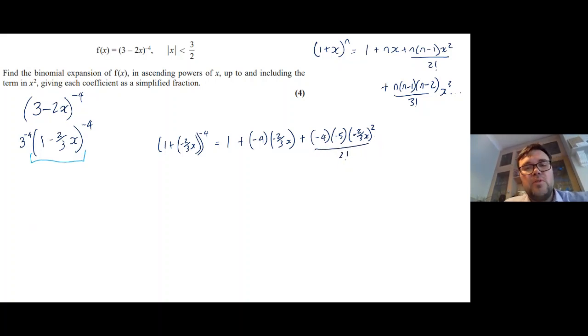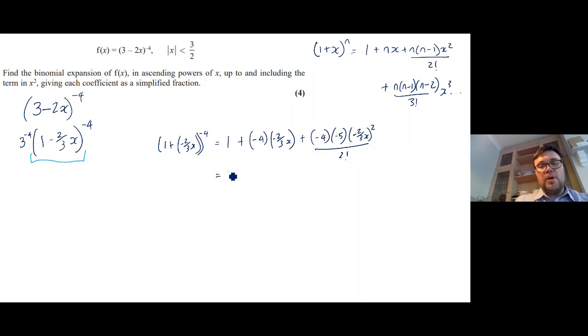Now 2 factorial is just 2 times 1. Factorial means that you multiply that number in decreasing steps. So if you had 5 factorial, it is 5 times 4 times 3 times 2 times 1. In this case, 2 factorial is just 2 times 1.